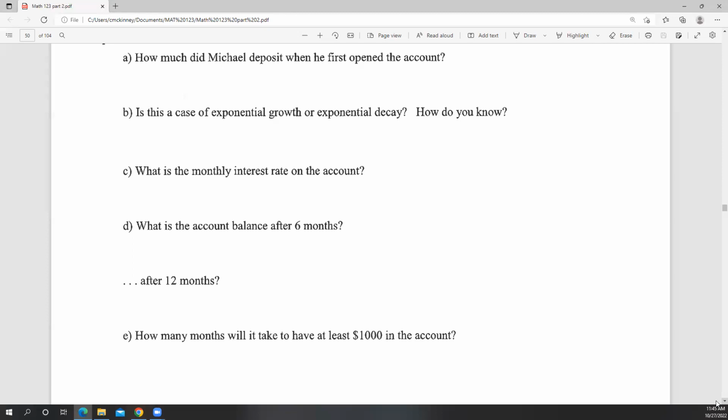It just asks when he's going to get to $1,000. Now, here we're supposed to guess and check. How long will it take until he gets at least $1,000? Aren't we already over $1,000 at 12 months?